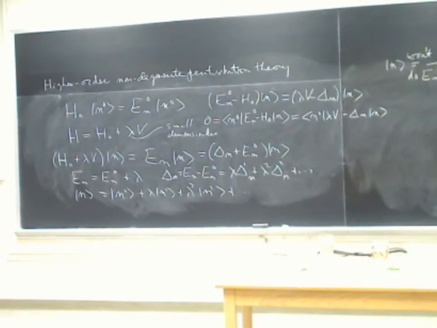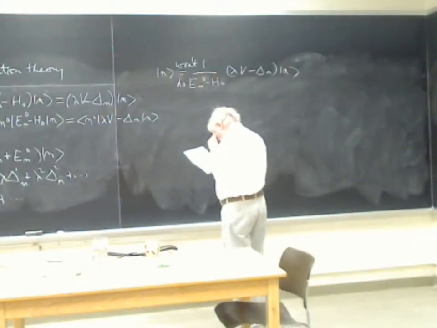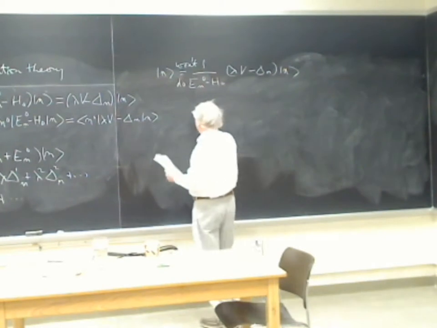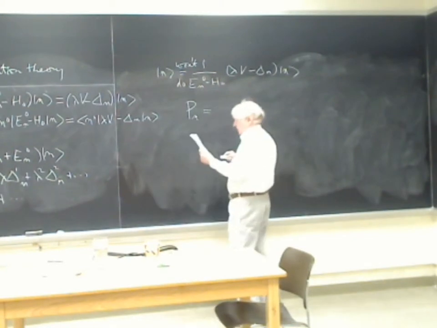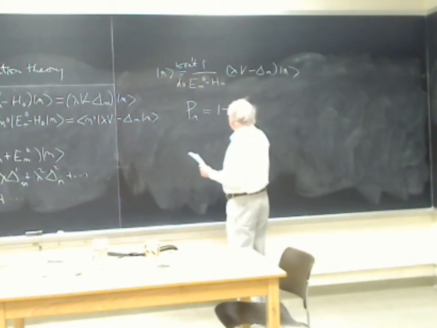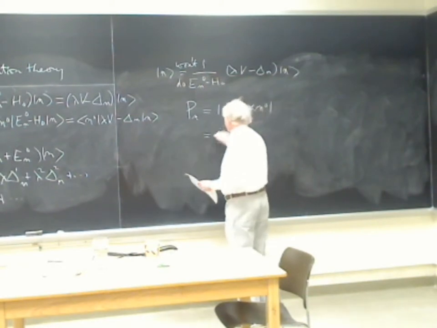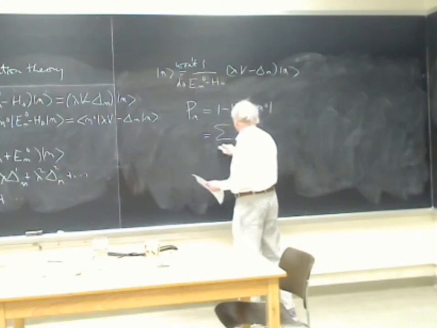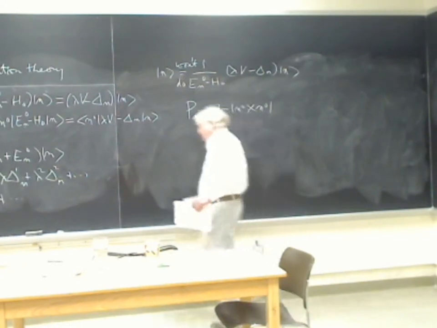The way we're going to do that is we're going to use a projection operator. My notes have used a Greek letter, but I'm going to switch to a projection operator. It's sort of an orthogonal projection operator. It's 1 minus n0, n0, and 1 then is the sum on all these states. Let me call them k.